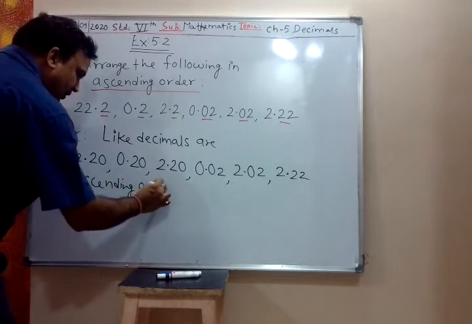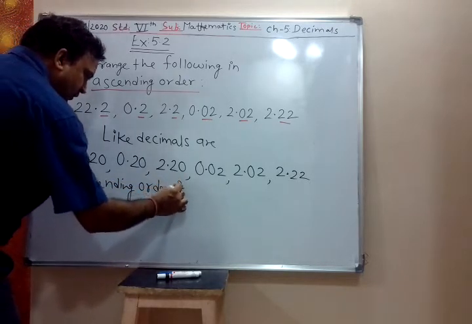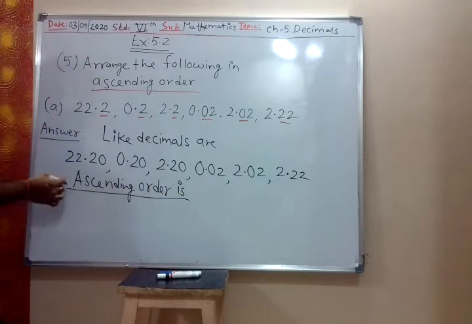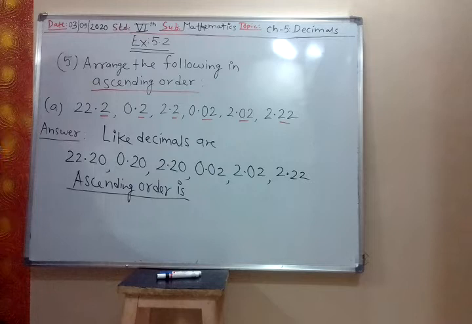For ascending order, we arrange the numbers from smallest to largest. We start with the smallest number and end with the largest number. So let us find the smallest number.